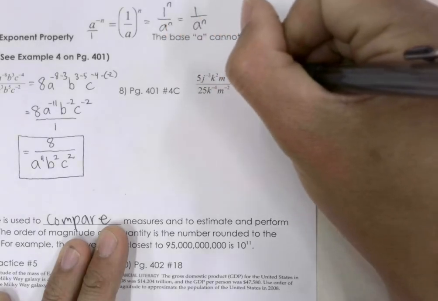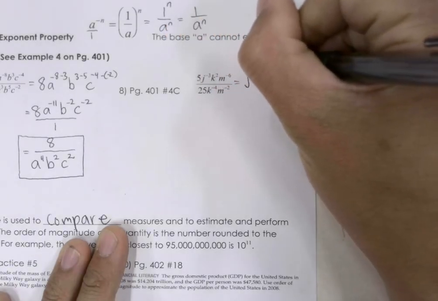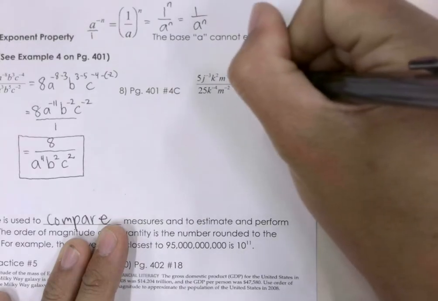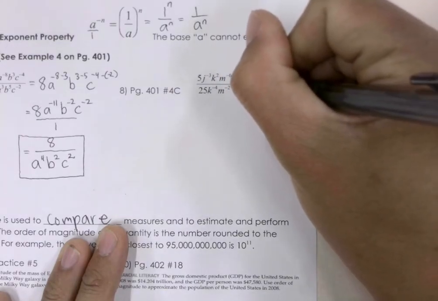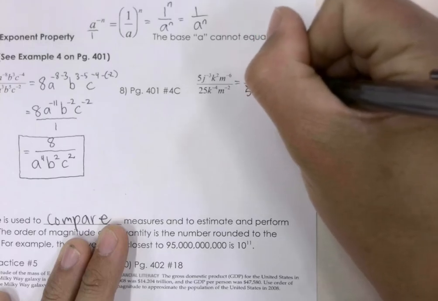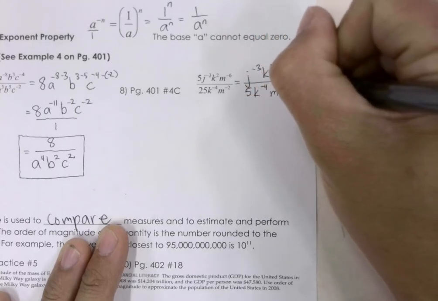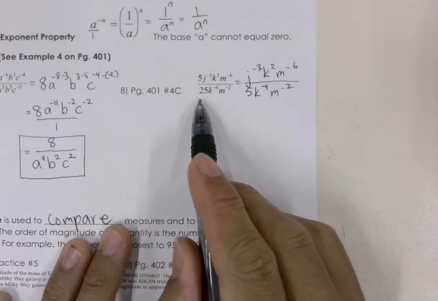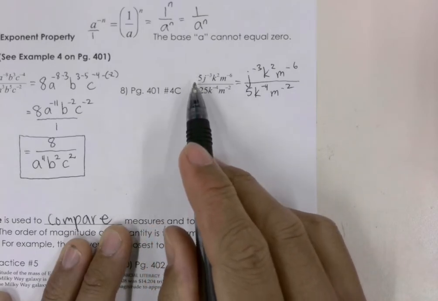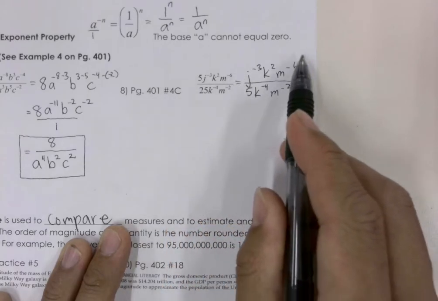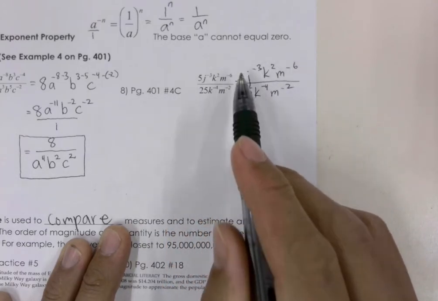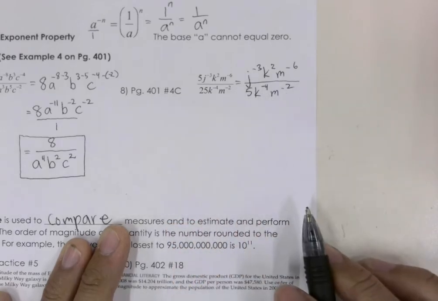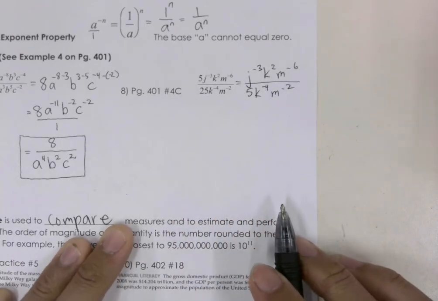So this becomes j to the negative 3, k to the 2, m to the negative 6, over 5 times k to the negative 4, m to the negative 2. And what did I do here? I divided 5 by 5 and 25 by 5. Right? 5 divided by 5 becomes 1, so we don't need to place the 1 there. And then 25 divided by 5 is 5.